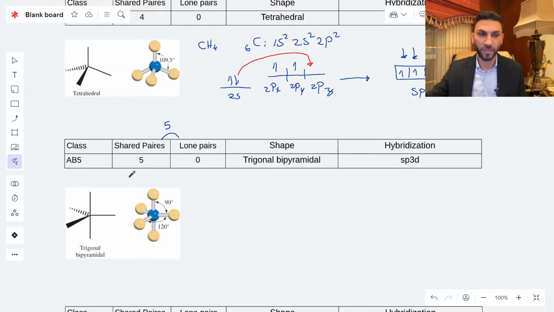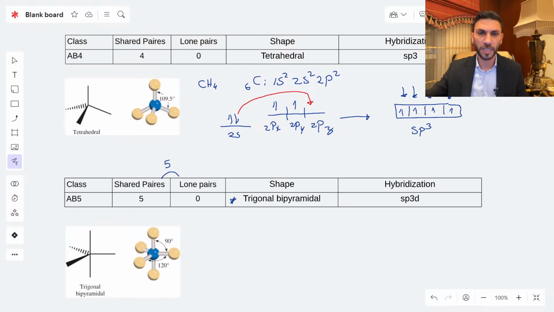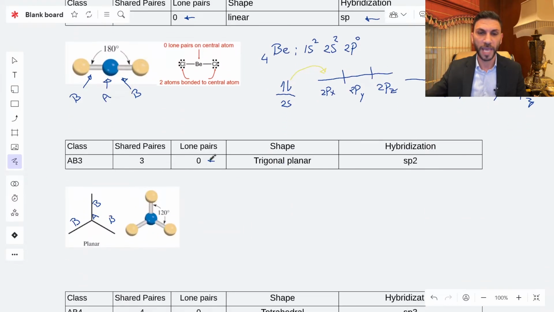So when we have AB5, the shared pairs are 5, the lone pairs are 0, and the shape is trigonal bipyramidal. Don't confuse trigonal bipyramidal with trigonal planar. Trigonal planar has only 3 shared pairs, and the hybridization is sp2.